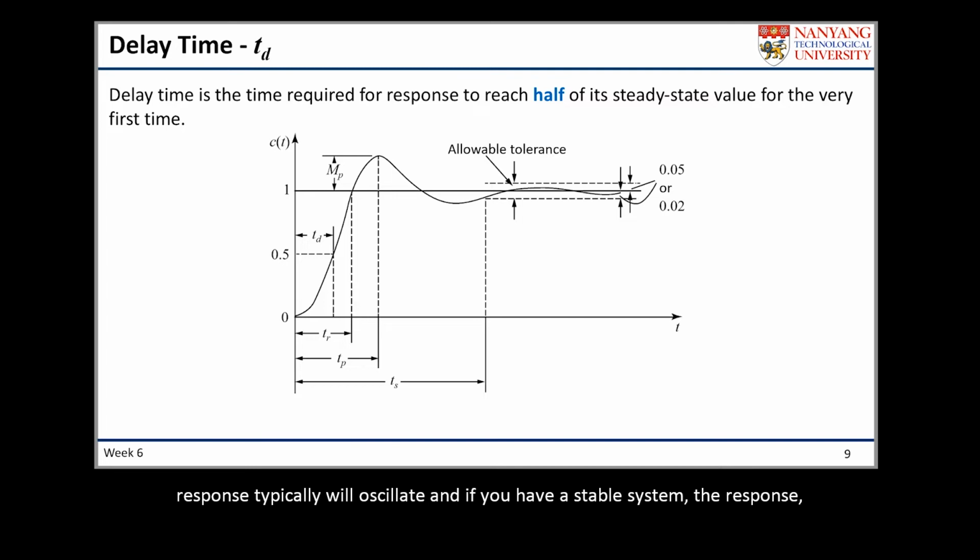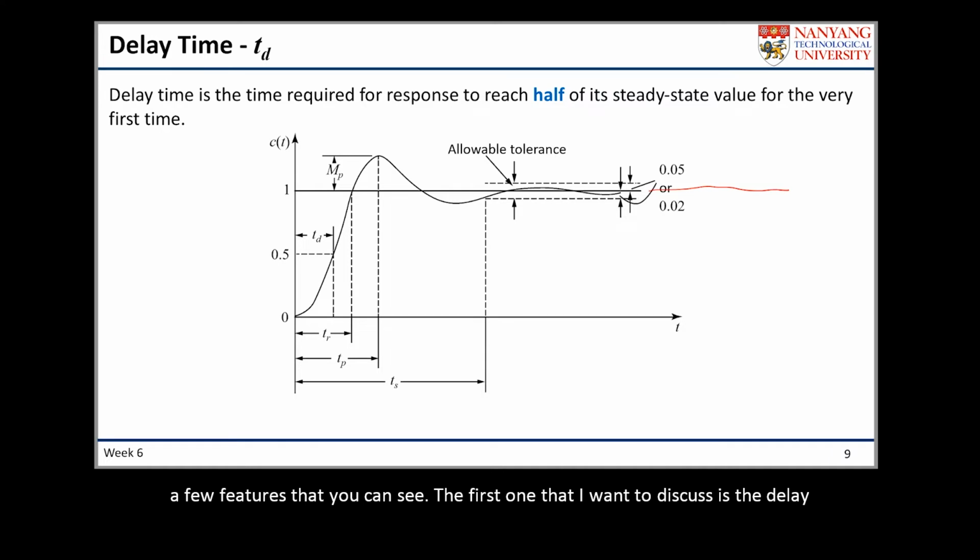And if you have a stable system, the response after some time will converge to a final value, a steady state value. In this example, the steady state value is equal to 1. At the beginning it is oscillating, but the oscillation is damped. If you look at this typical response, as I mentioned, there are a few features that you can see.